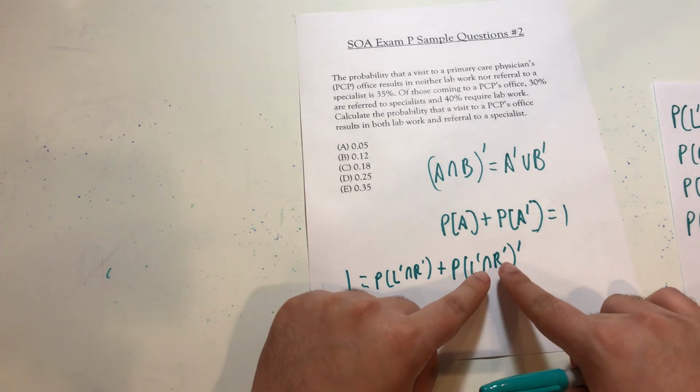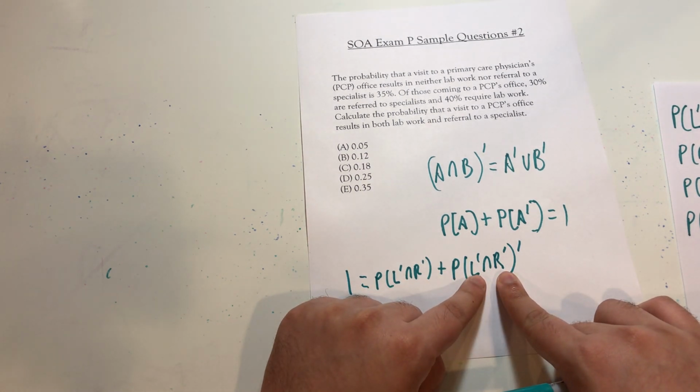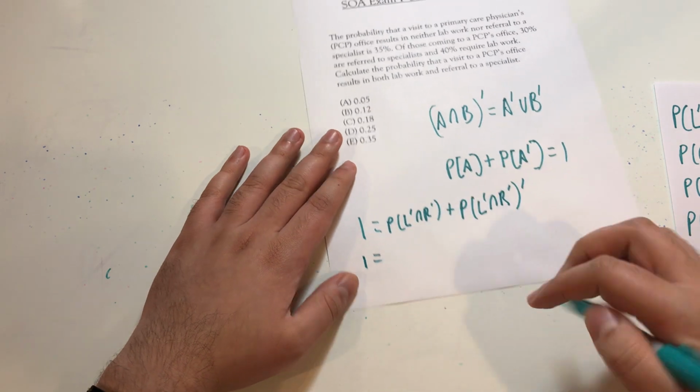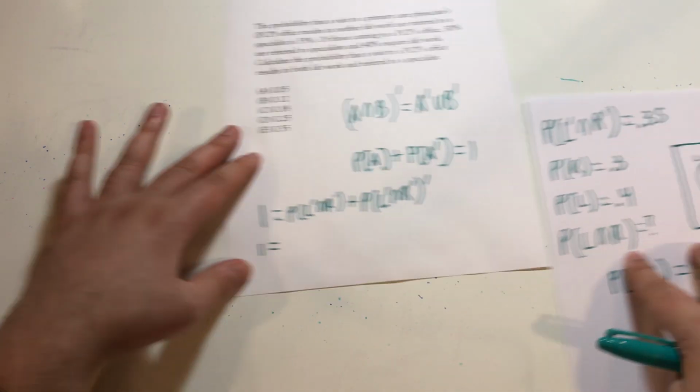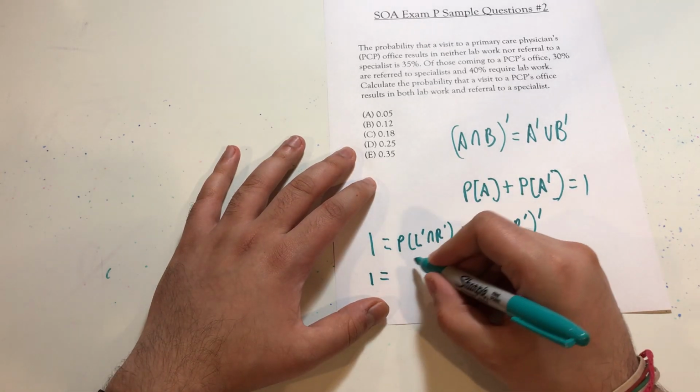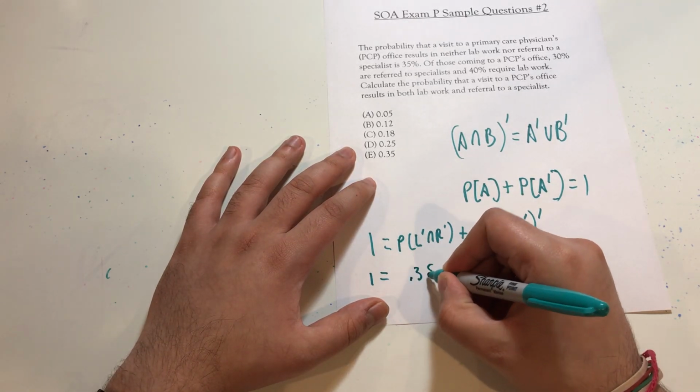Now here's the thing, if I want to open this up, I use De Morgan's law. So 1 is equal to, and I already have this given to me, so I'm going to just do a substitution for that. This should be 0.35.